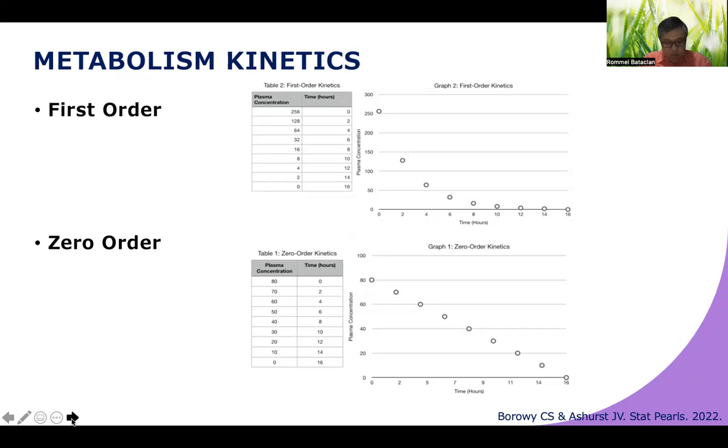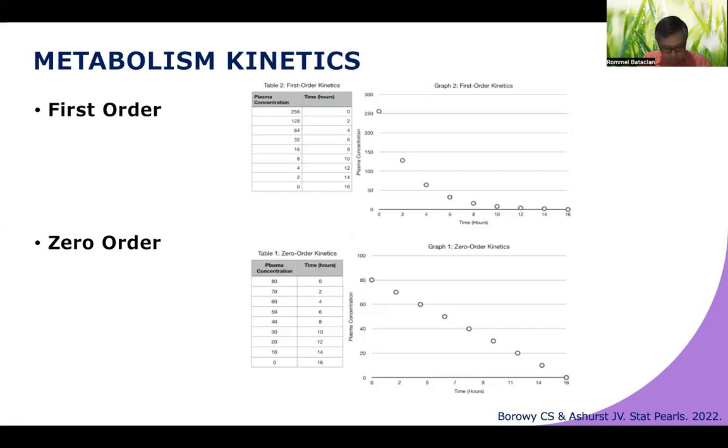In first order kinetics, the rate of drug elimination is directly proportional to the concentration of the drug, meaning with a larger amount of drug, a larger amount is eliminated. With smaller amounts, the rate of elimination would be much smaller, as you can see here. Some drugs that follow first order kinetics would be paracetamol, aspirin, and penicillin.